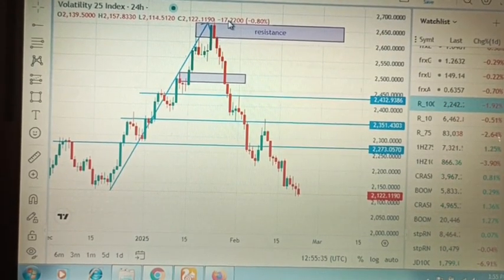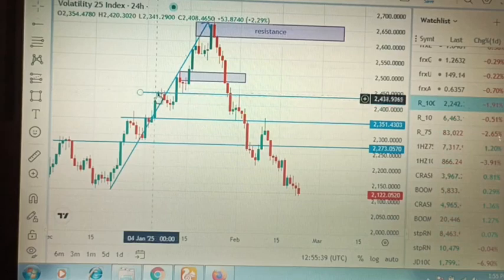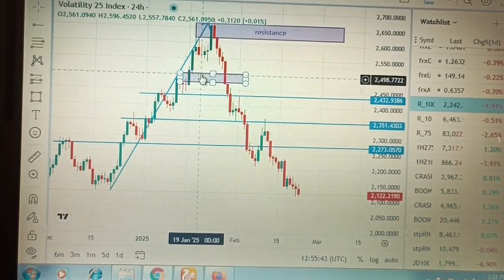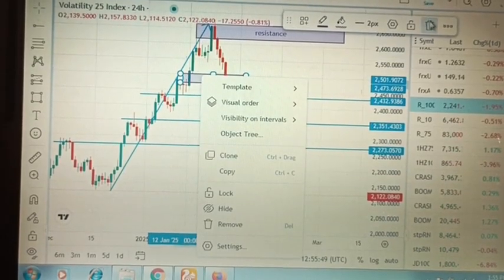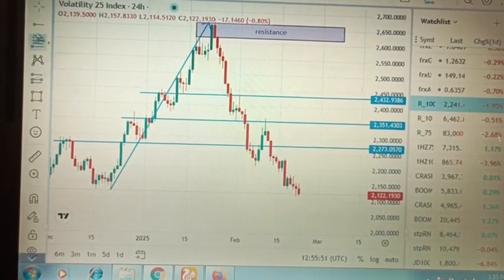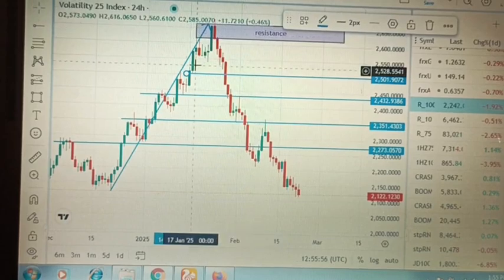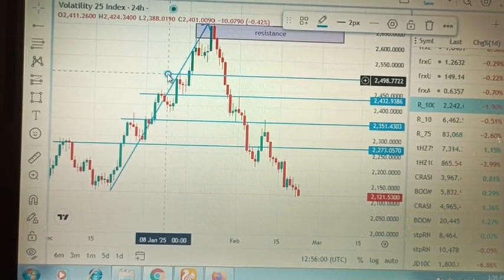Understand? So all this resistance here, here, here, here, and here, all these general resistances could not stop price.